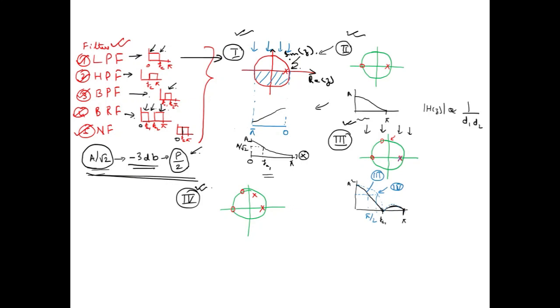Now if you see over here, we have placed a single pole. Okay. Now let us see how it is affecting the amplitude response. We have said that we are interested in the region of 0 hertz to pi, or you can say 0 radians to pi radians. Okay.